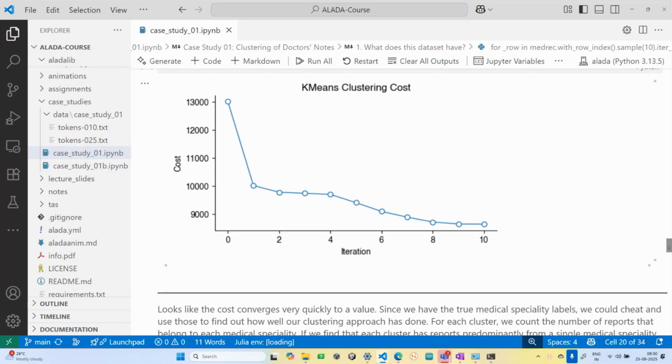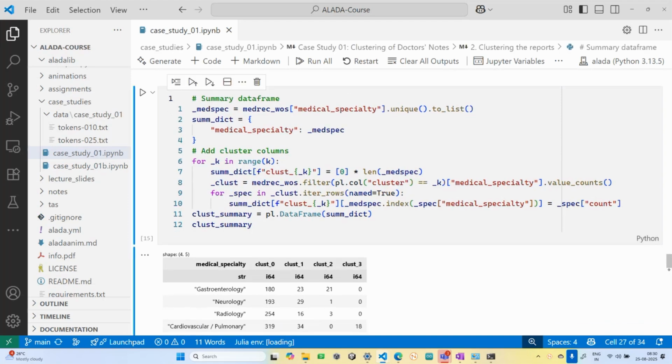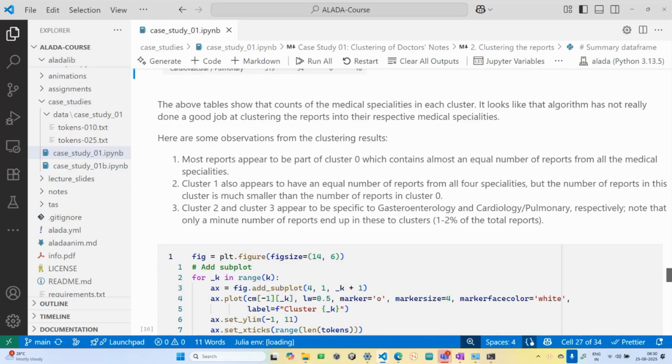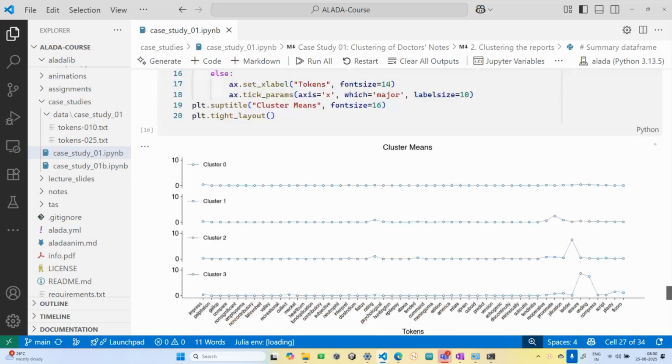And the reason the majority of the reports are being sent to cluster 0 is because these are nodes that have very poor representation in terms of these tokens. Okay. But if you look at 2 and 3, there is a spike for a couple of tokens.